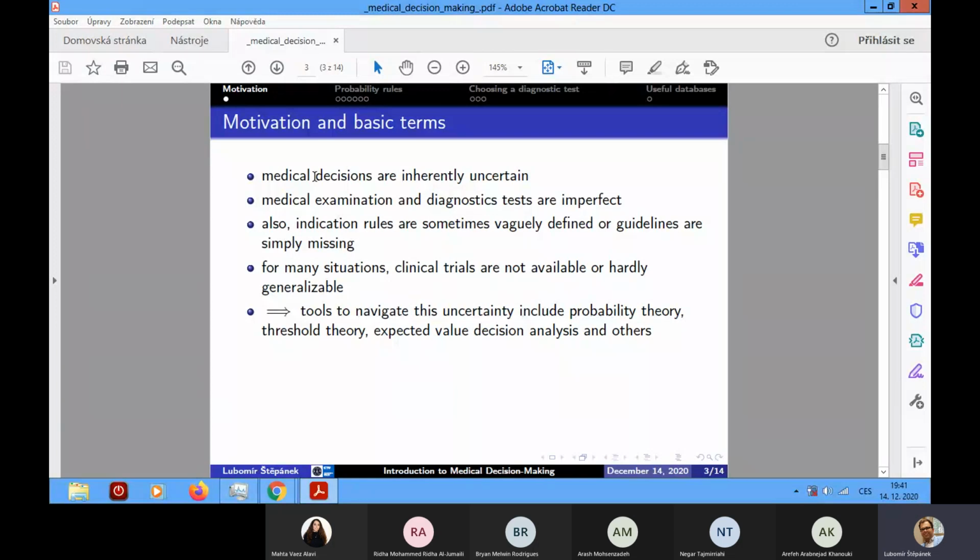Another piece of motivation is that medical examinations or diagnostic tests are, of course, imperfect. It means that we have no perfect diagnostic test, and there are both kinds of errors we could think about.